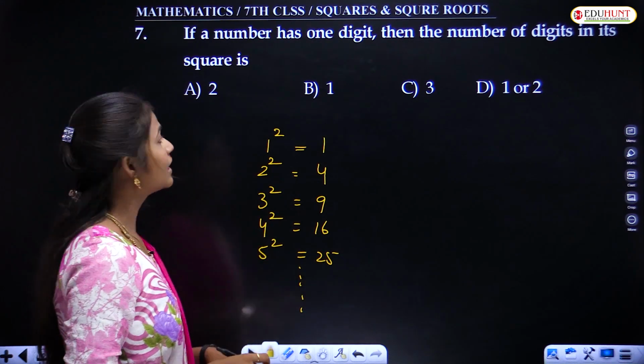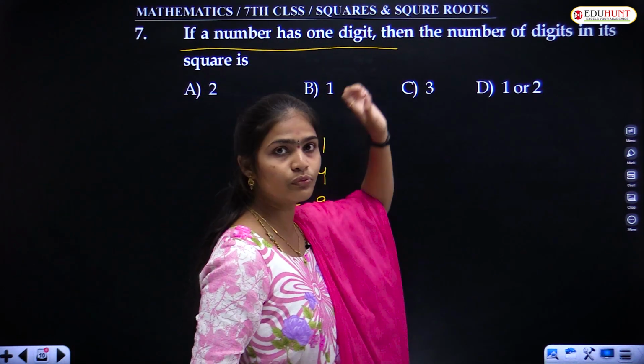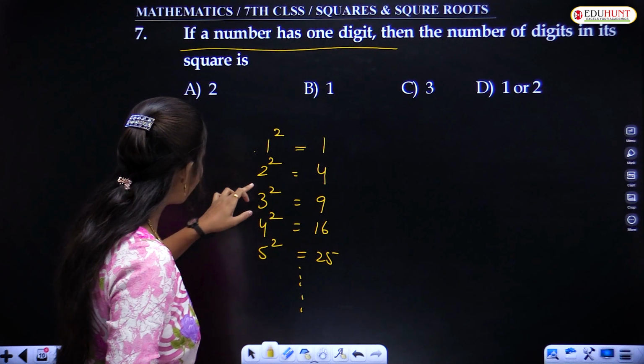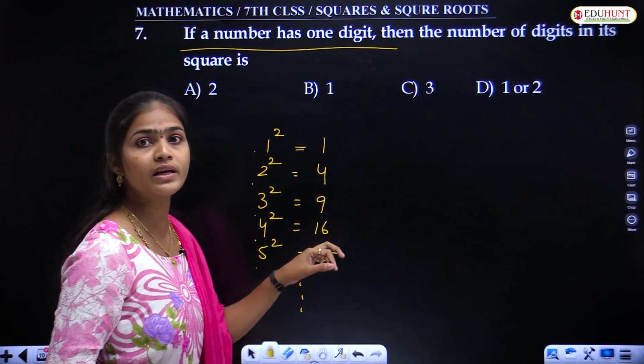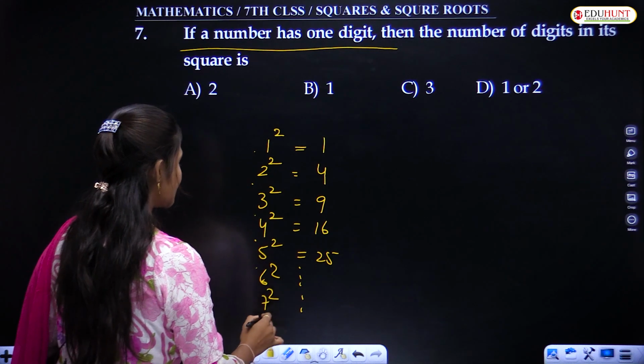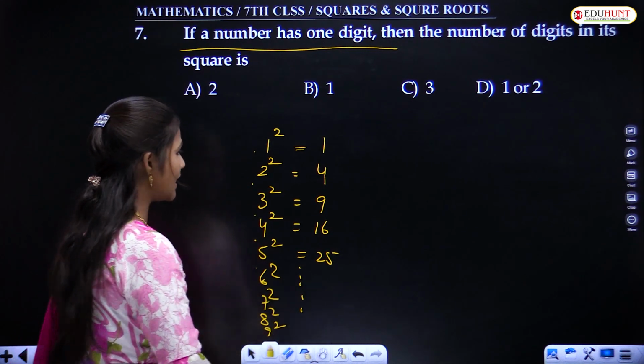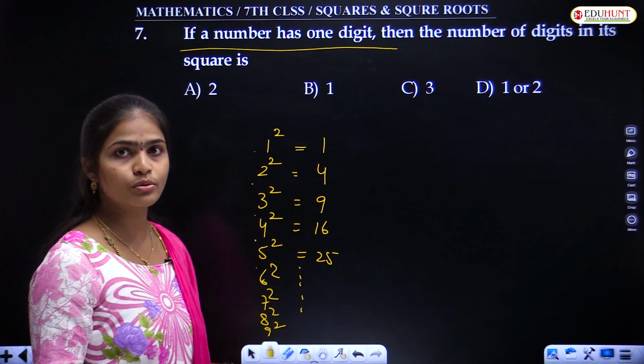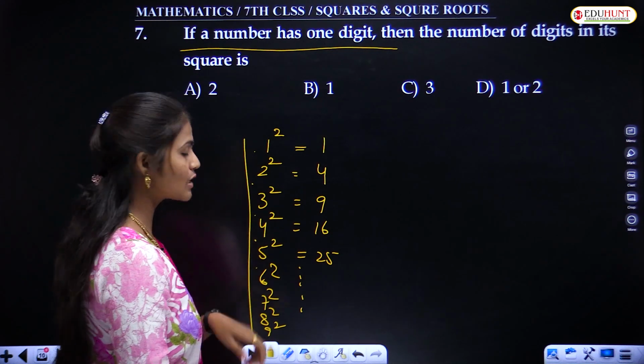So we consider the squares of single digit numbers up to 9 square. 10 is a 2 digit number now, so up to 9 square.